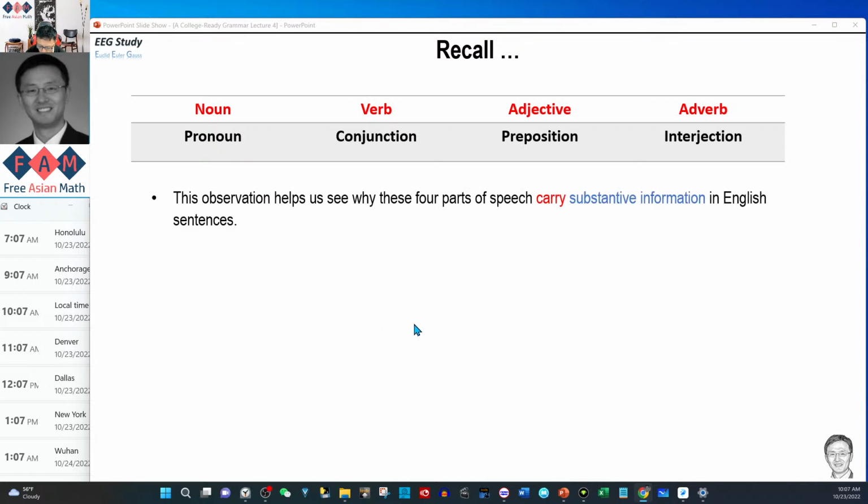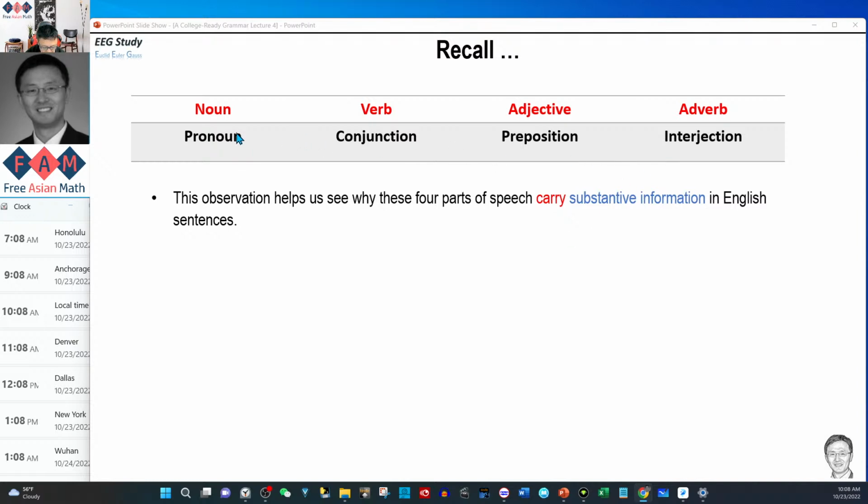So recall that we say there are 8 parts of speech in English, but 4 of them deliver substantive information, and the other 4 are just glue words or function words that do not really provide substantive information. So we clearly see that to build those 3 very basic, very simple sentences, we need those 4 parts of speech. They really carry substantive information in English sentences.